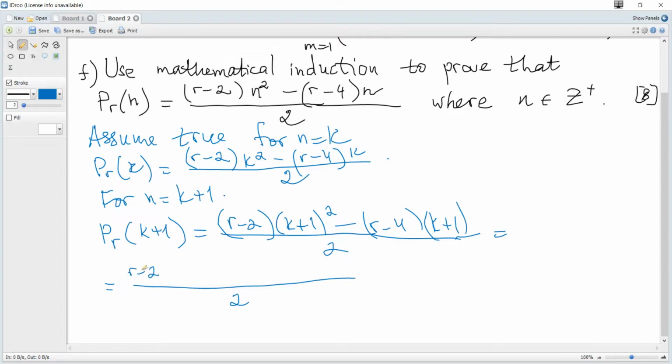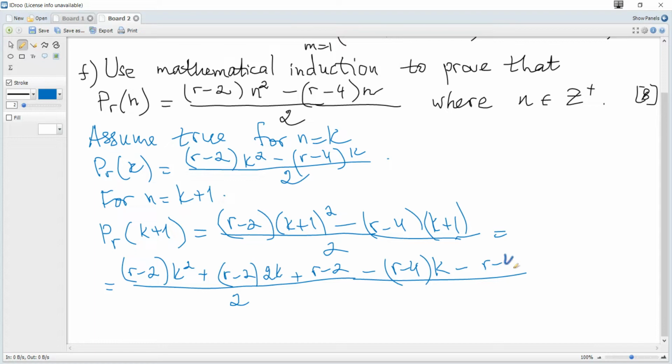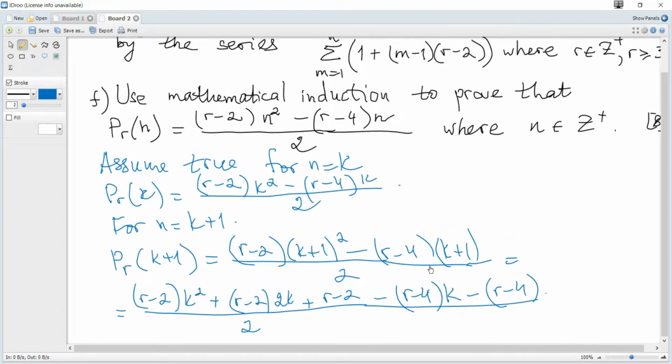It becomes (r minus 2) k squared, and let's open parentheses, so it becomes k squared plus 2k times 1, 2k multiplied by (r minus 2), and plus 1 multiplied by (r minus 2), minus (r minus 4) times k and minus (r minus 4).